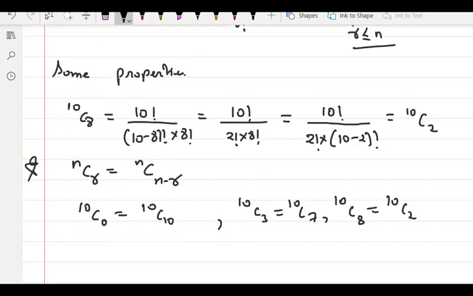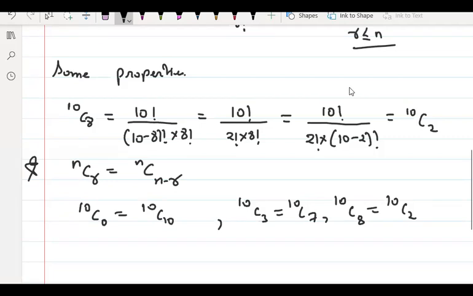Everyone got it now? It is in bracket only, that is understood, okay?